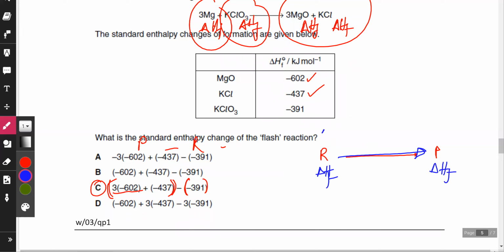And vice versa, if you know the enthalpy of combustion of the reactants as well as the enthalpy of combustion of the products, you have to do reactant minus products, and you'll get the enthalpy change for this particular change that's happening. Is that clear?